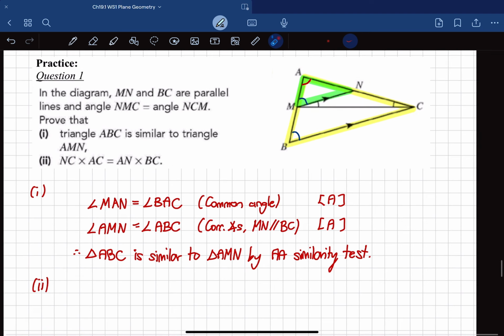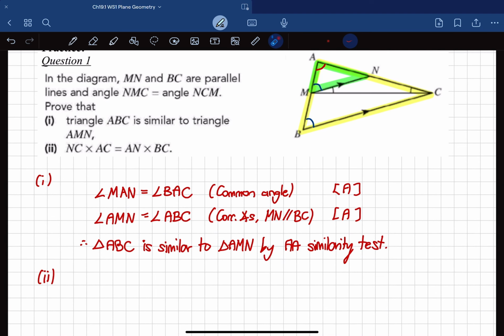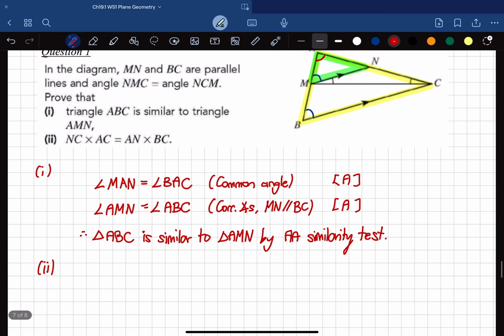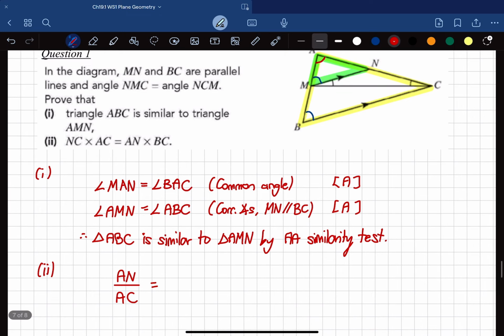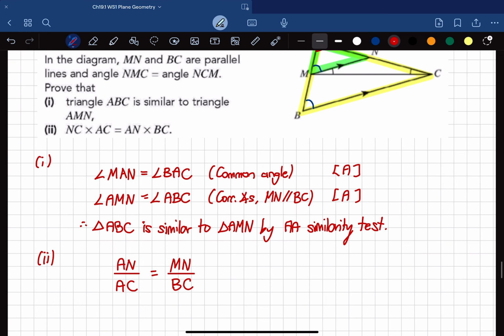By similarity of triangles, if I want to write a ratio of these sides against these two sides here, I can form this fraction: small triangle first, AN over AC is equal to MN over BC. Then I can cross multiply them.